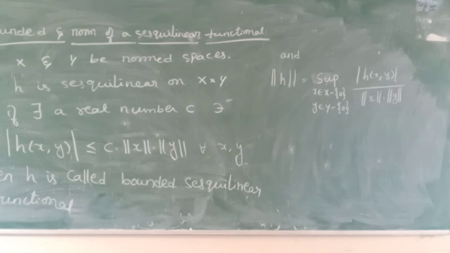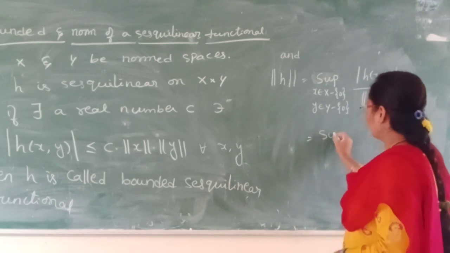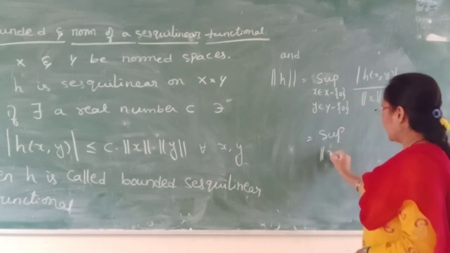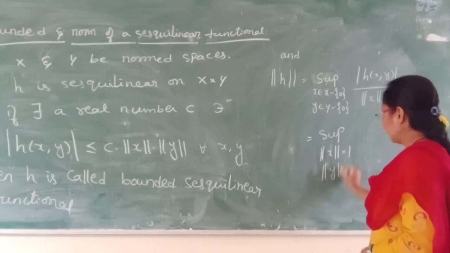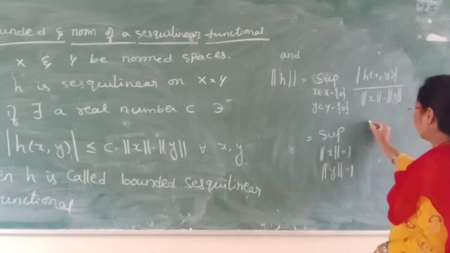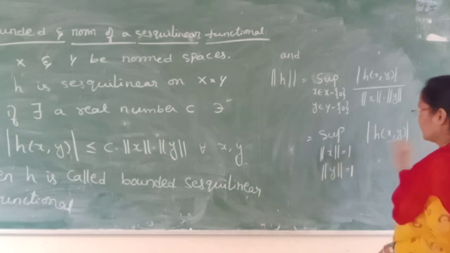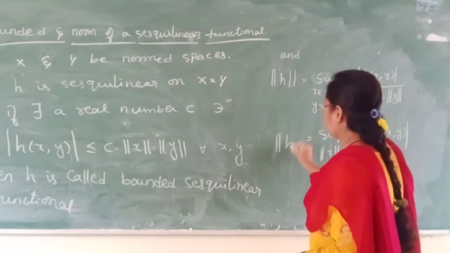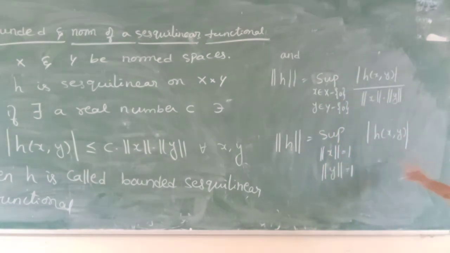Okay, this is one formula. Otherwise, one more is also there: the supremum over norm x equal to 1 and norm y equal to 1 of the modulus of h of x comma y. So norm H has two formulas. If you are not writing the denominator, write this one formula.